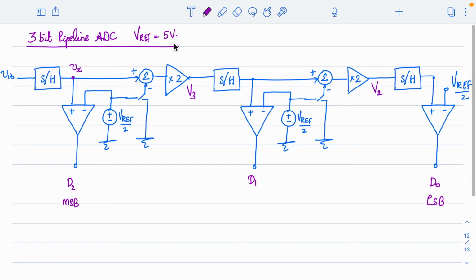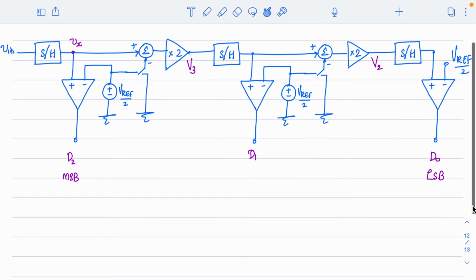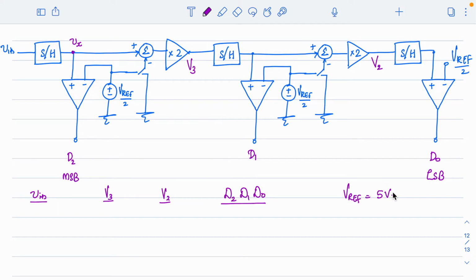I will look specifically at the conversion process, take different values of input voltage, and look at the residue produced at the output of every stage, like V3 and V2, and also the digital outputs D2, D1 and D0, and how they are produced. For reference, I'll take the reference as 5 volt here also.